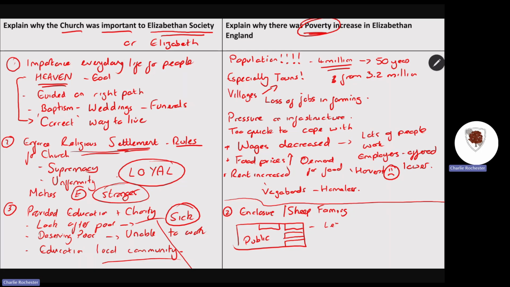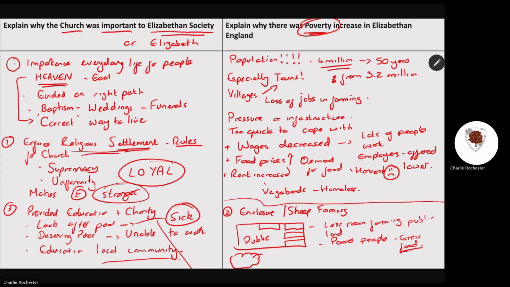This meant there was less room for farming on public land, which meant poorer people could not grow food, which as a result led to them becoming poorer because they didn't have the basic standard of living.